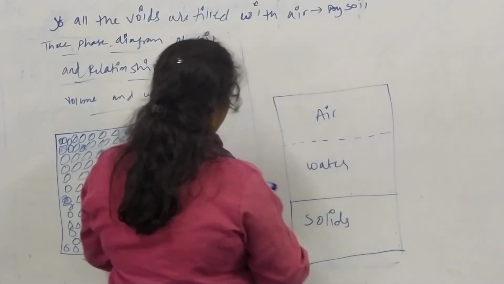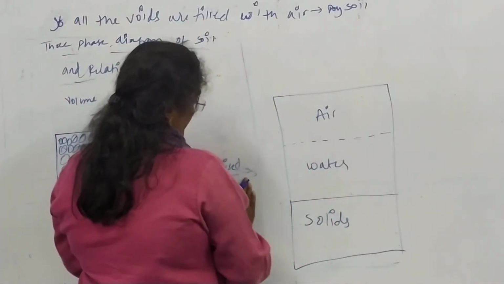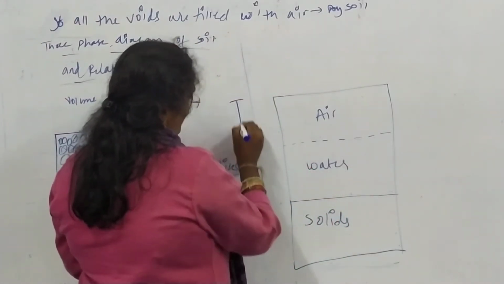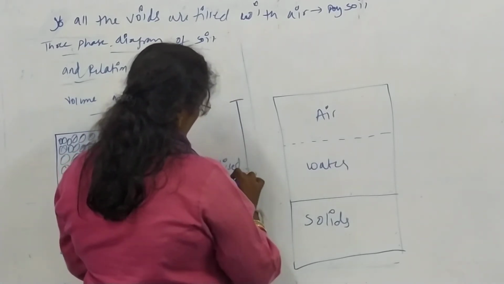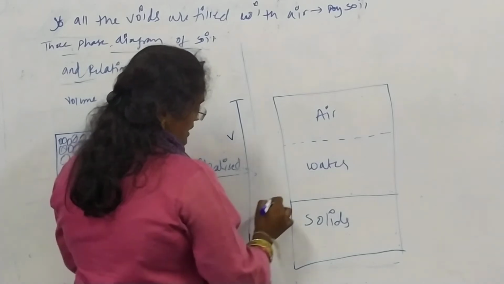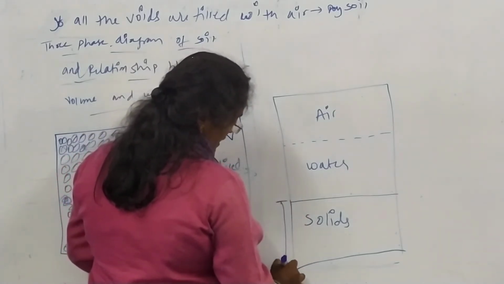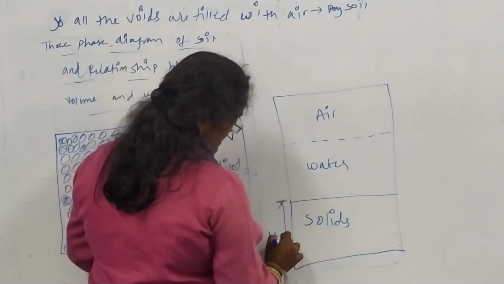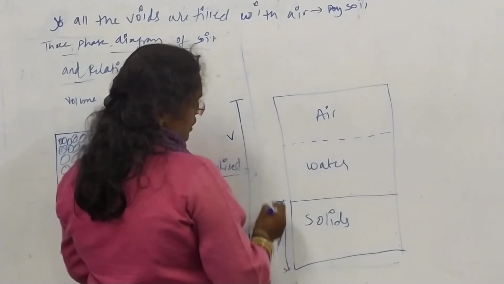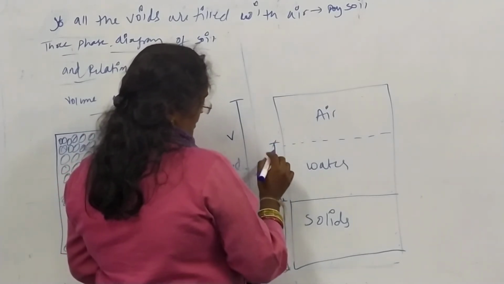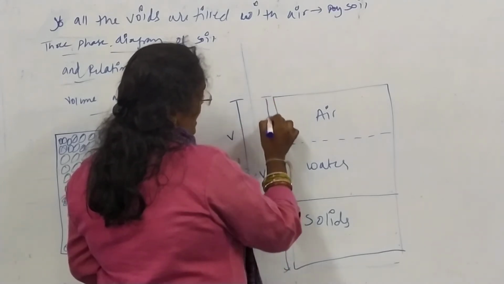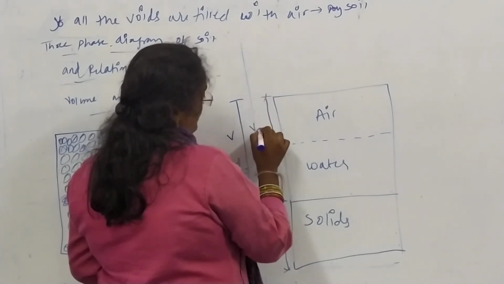So here I am taking the total volume. How can total volume be defined? I am representing solids as VD, volume of solids, volume of water, and here volume of air.